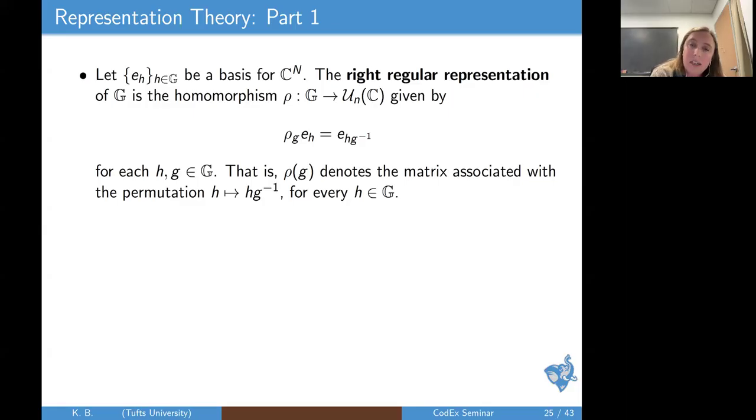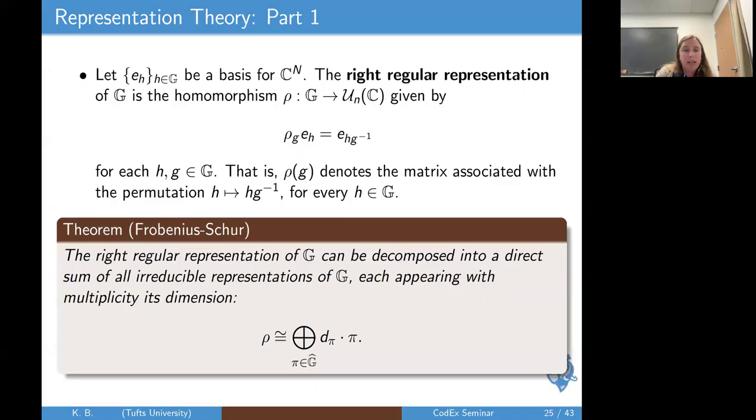And how does it act? Well, rho at g acts on a basis element e_h by taking e_h and applying g inverse on the right. So we can think of this as rho(g) denoting the matrix associated with the permutation h mapping into h g inverse for every h.